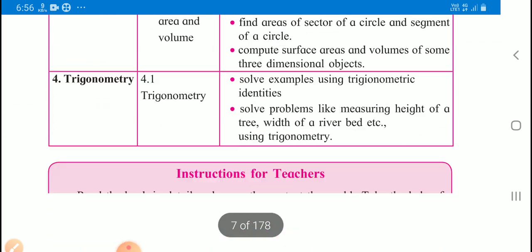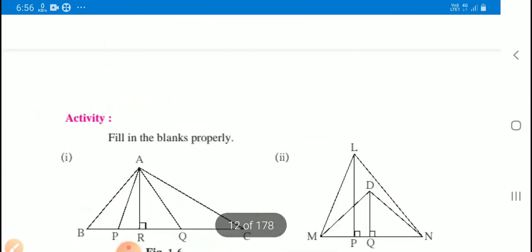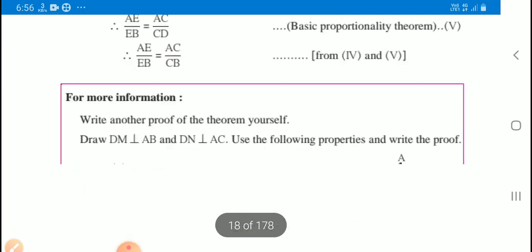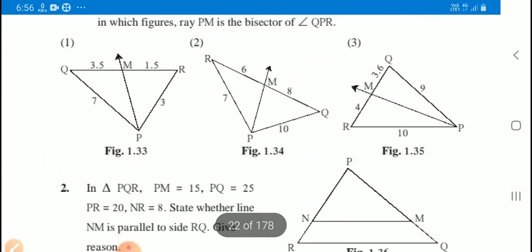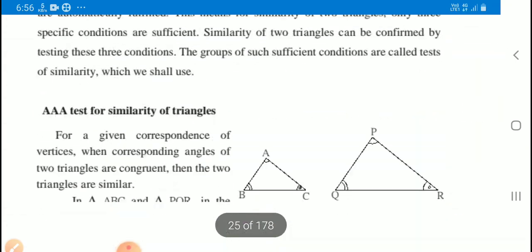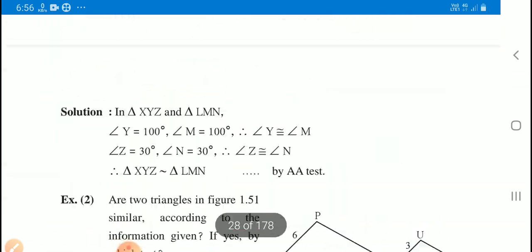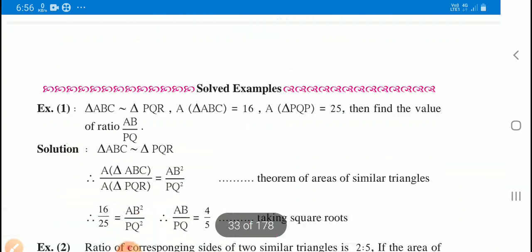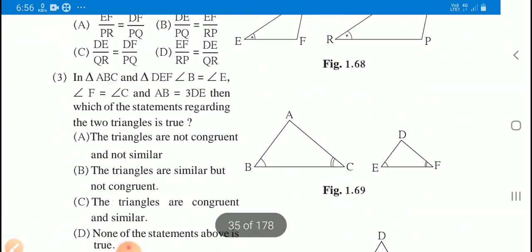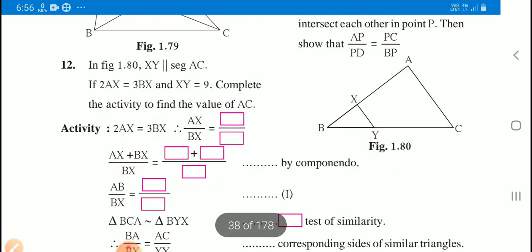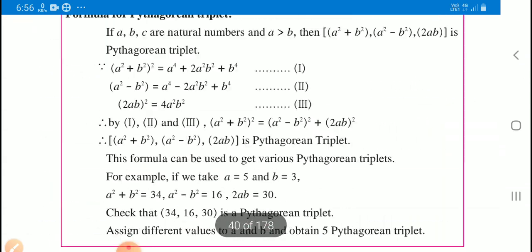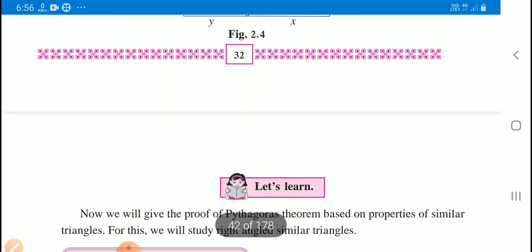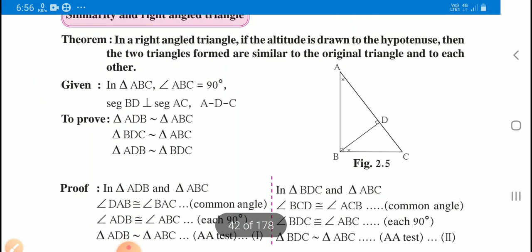Okay, we will see the theorem of similarity and Pythagoras theorem. Many times these technical problems come while teaching you, but it's okay. Which theorem? That theorem is similarity and right angle triangle.